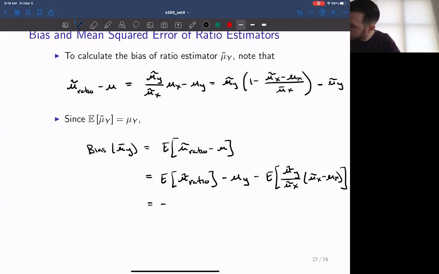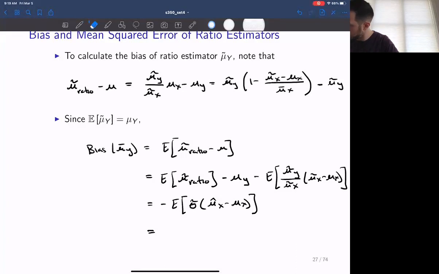Okay, this is equal to the negative of the expected value of theta tilde multiplied by mu hat x minus mu x, and that is equal to the negative of the covariance of theta tilde and mu tilde x.